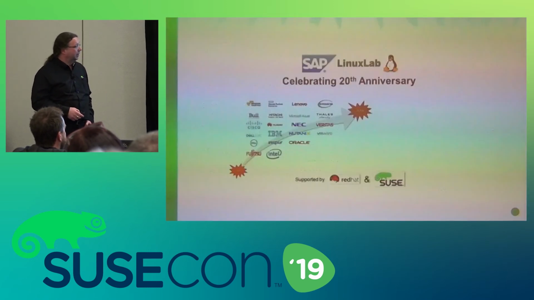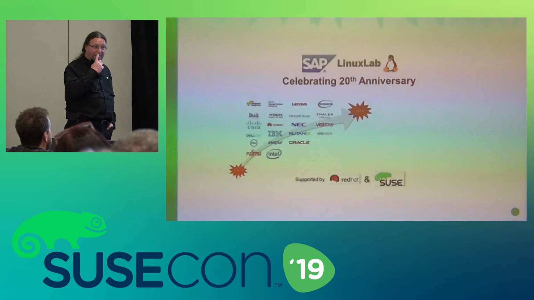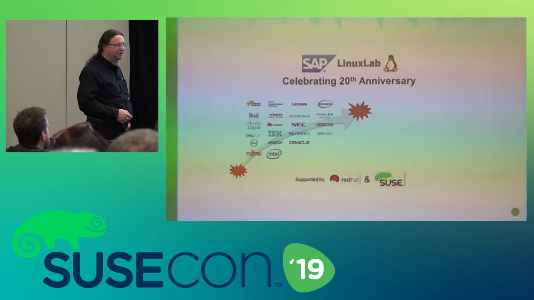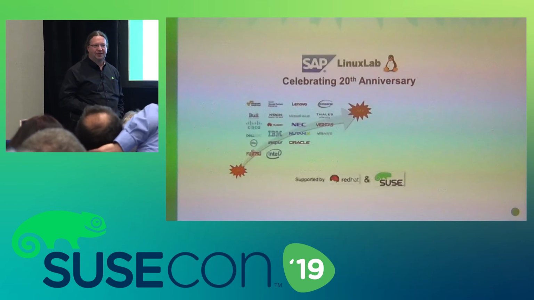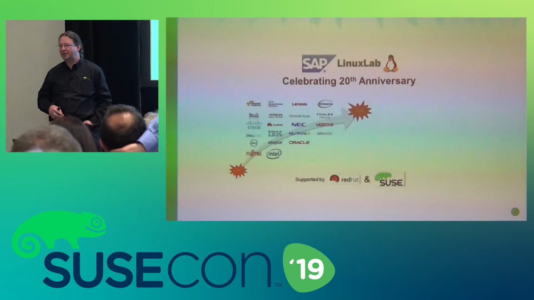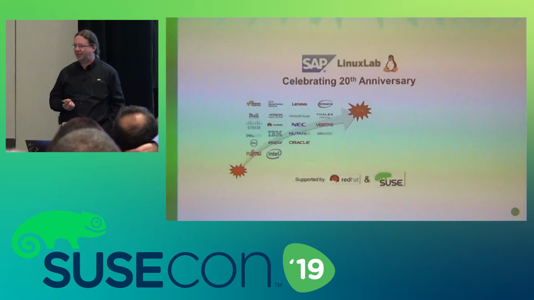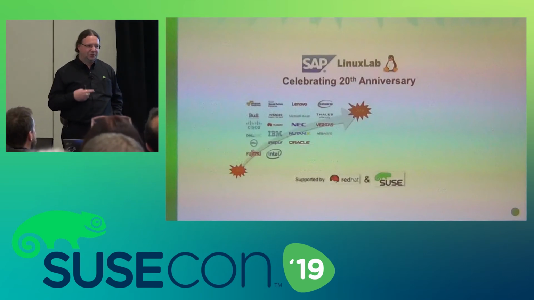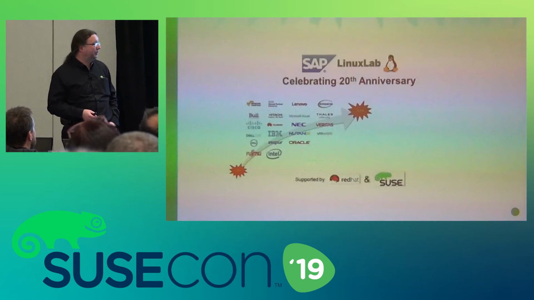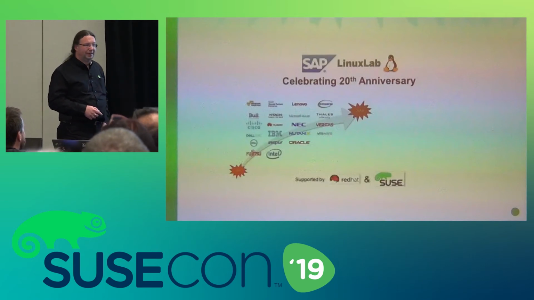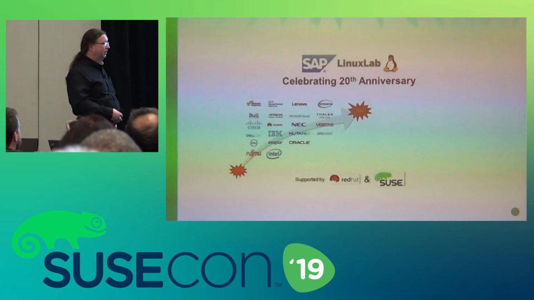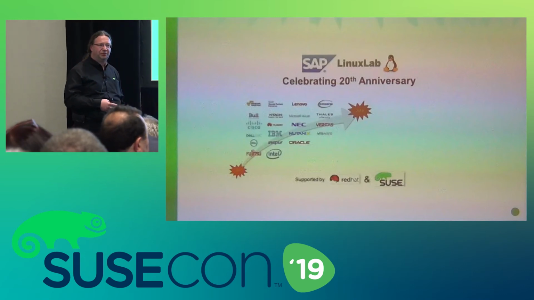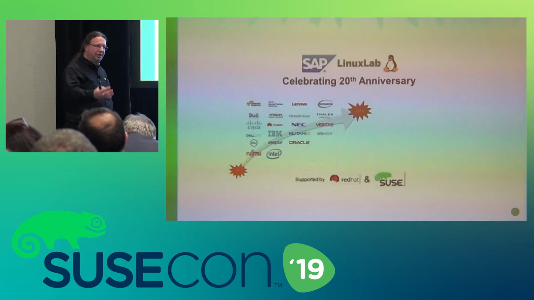to be. And talking about the Linux Lab, that's actually having its 20th anniversary this year. So that's how long the story is already going. And if you remember the first chart that we had, SUSE is part of this pretty much from the beginning. We were one of the founding members of the Linux Lab, and we're going this journey with SAP, and we want to continue working with SAP, driving Linux into the SAP workloads.